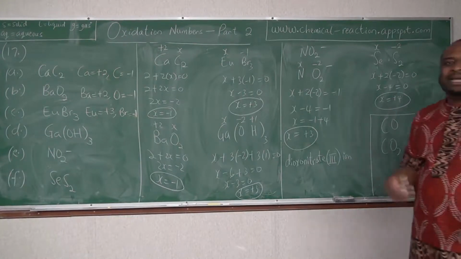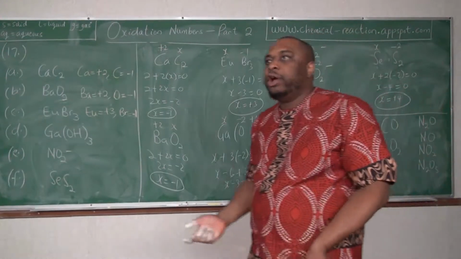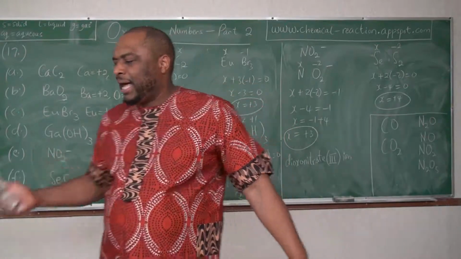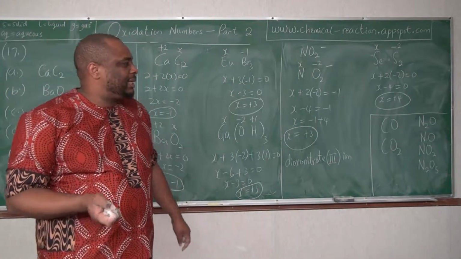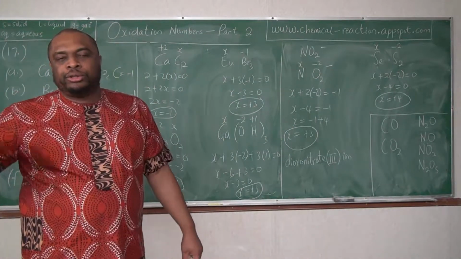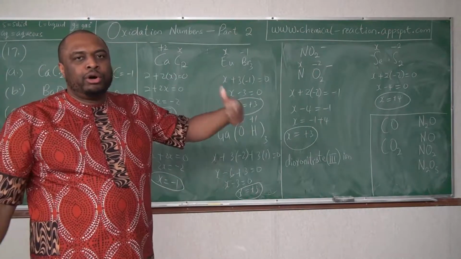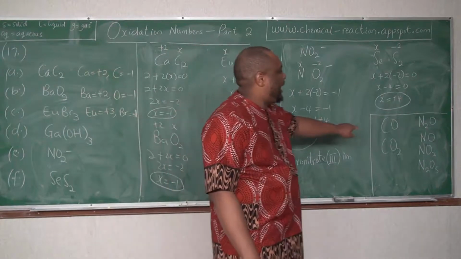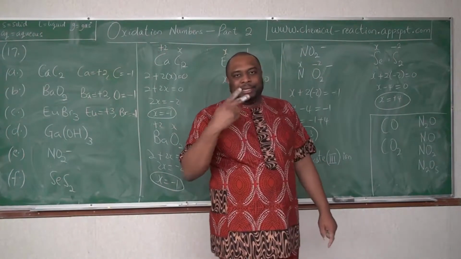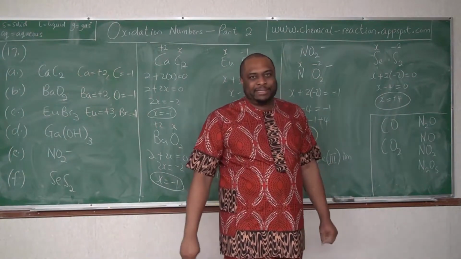You cannot just say nitrogen oxide. So if it has multiple oxidation states, you've got to put the oxidation number in the name. Carbon 2 oxide, carbon monoxide, that is what you inhale from cigarettes.